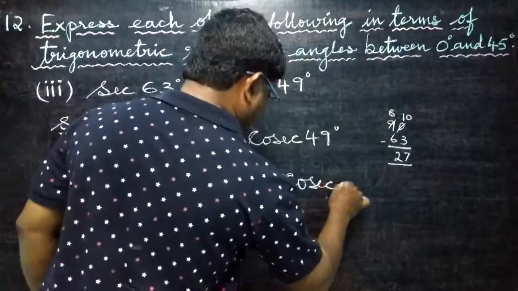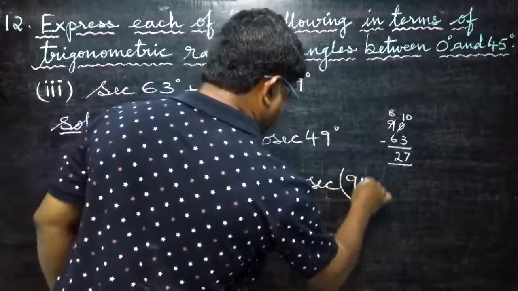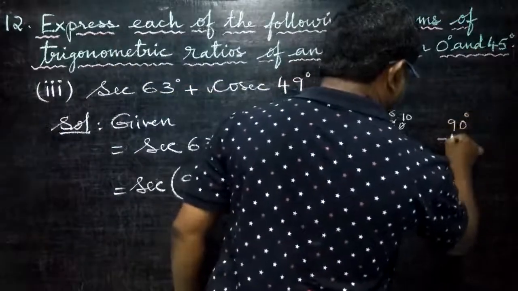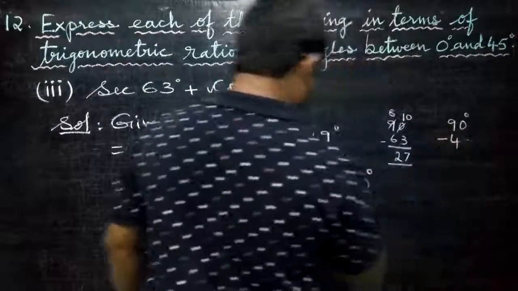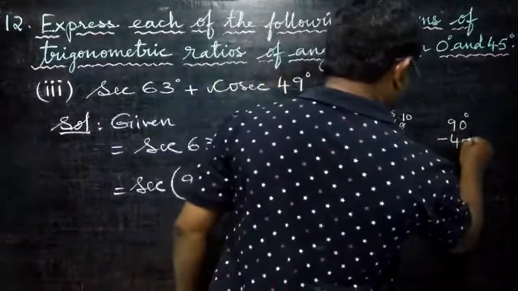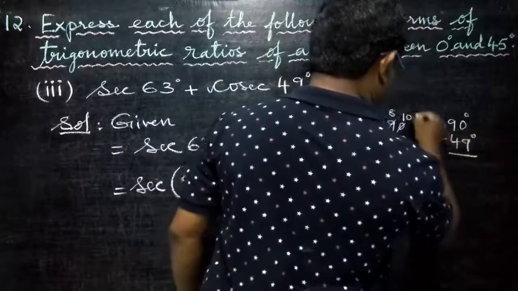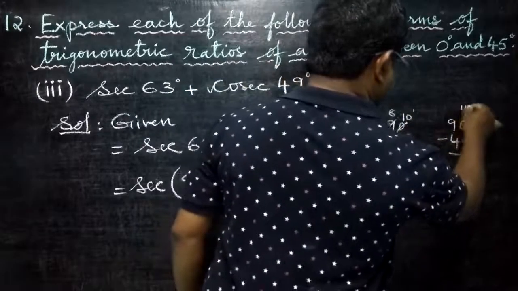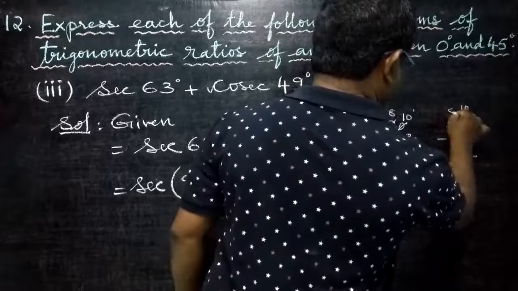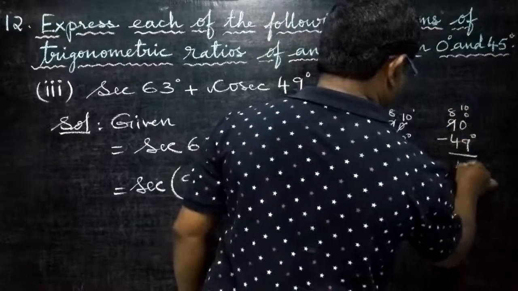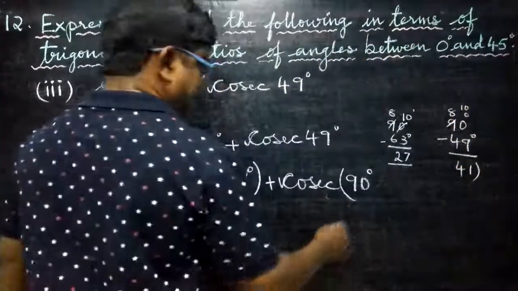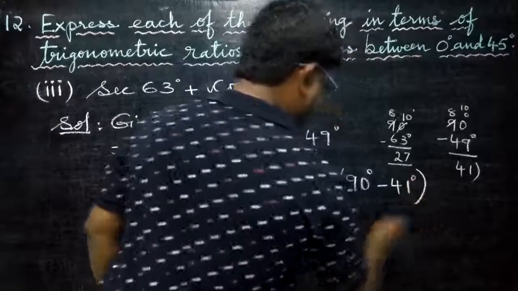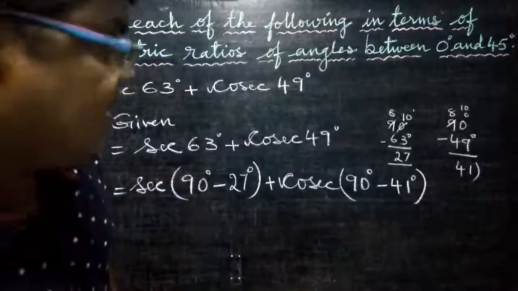Plus cosecant of 90 degrees, in the same way 90 degrees minus 14, we should get how much? 49. So degrees, keep degrees. Now 10, here 1, 8 minus 4, so minus 41 degrees.